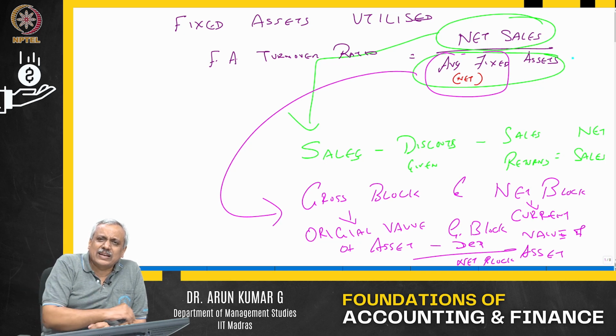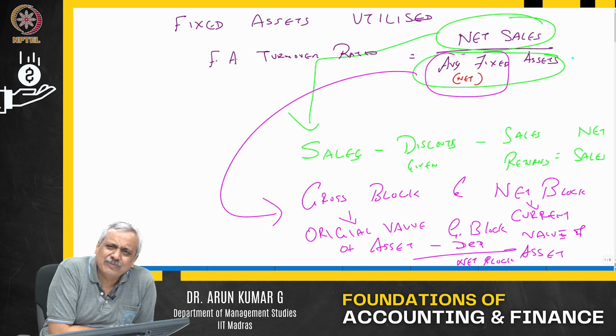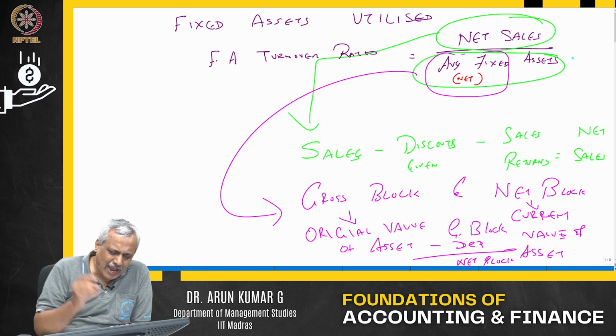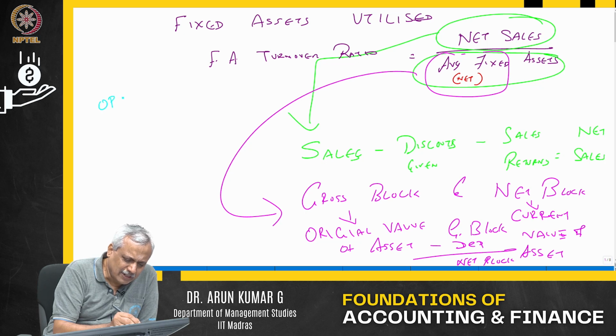What is the best way to take a simple average? Mathematically, average is nothing but opening fixed assets plus closing fixed assets divided by 2.